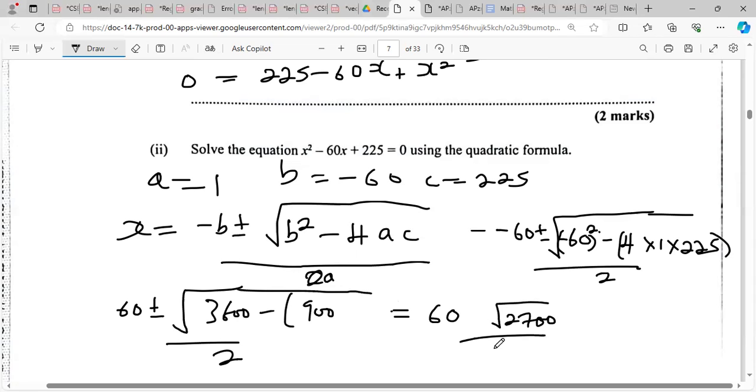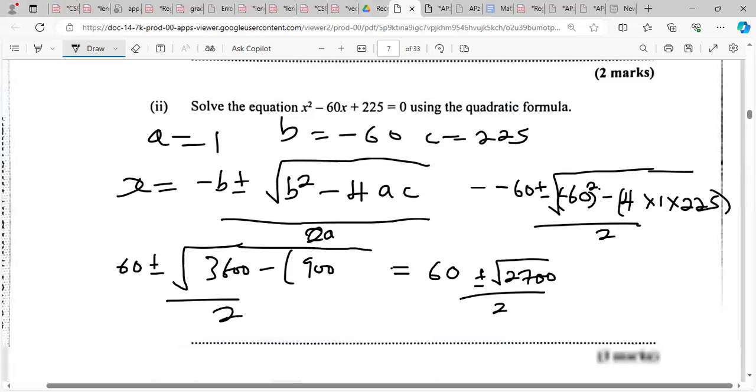So all we have to do is find the square root of 2700. Still remember, divide by 2. What's the square root of 2700? It is 51.96. So we're supposed to get two solutions, right?